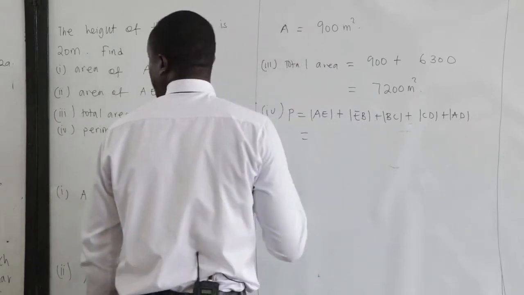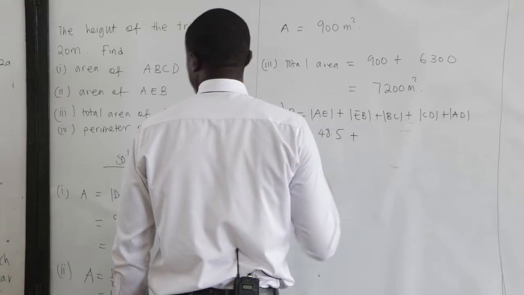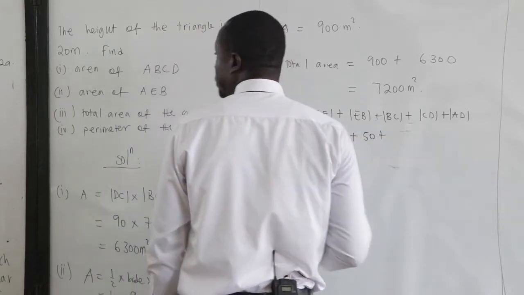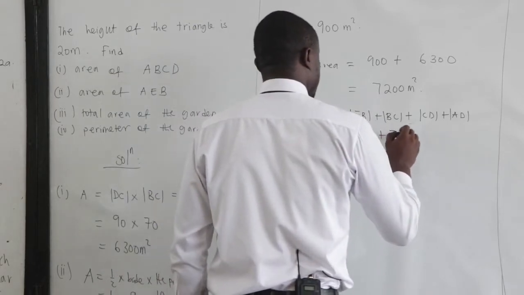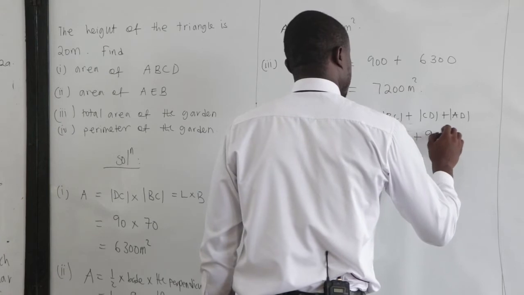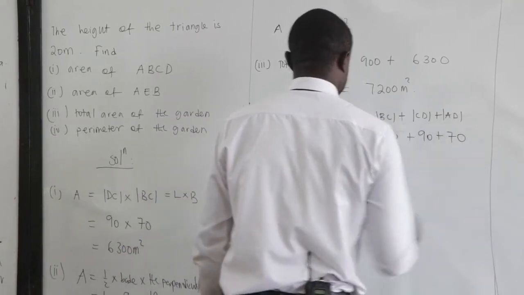Now what is AE? We have 48.5. What is EB? That is 50. What is BC? That is 70. What is CD? That is 90. What is AD? That is 70.